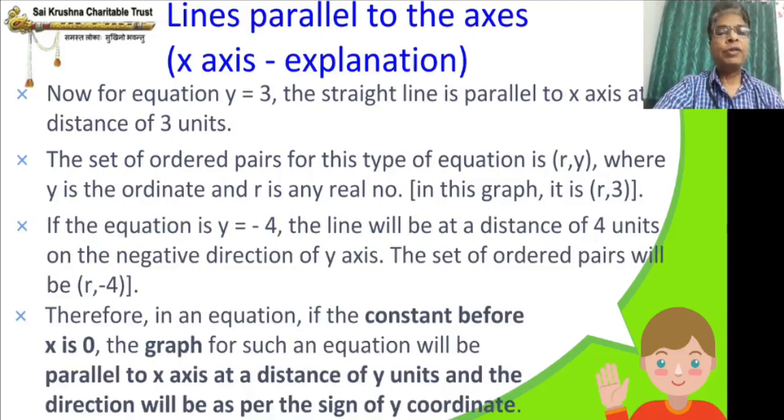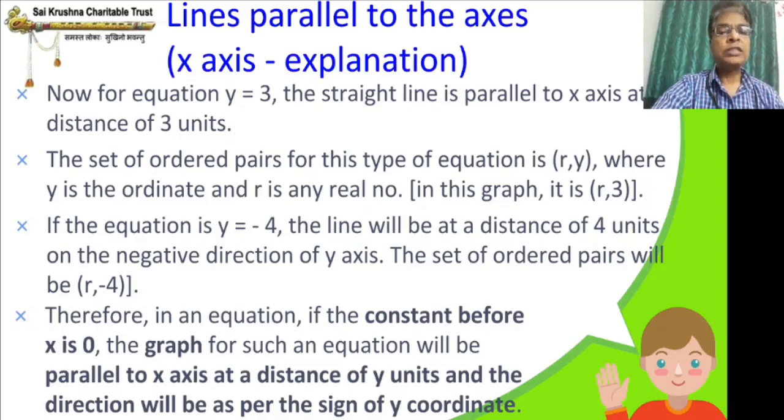So therefore, in an equation ax plus by plus c equal to 0, if the constant before x is 0, that is a is 0, then the graph for such an equation will be parallel to the x axis at a distance of y units, and the direction will be as per the sign of the y coordinate. I hope now all of you are able to understand lines parallel to the axes.